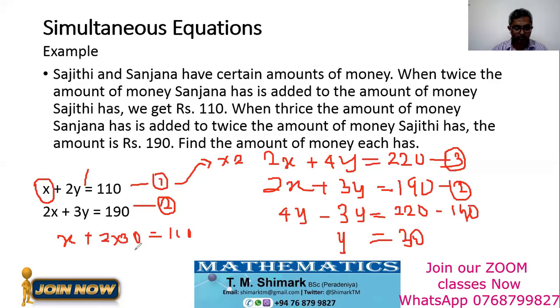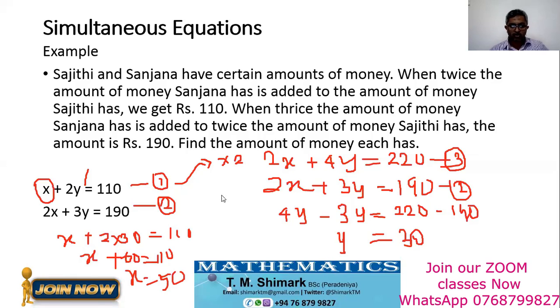So x plus 60 equals 110, so x is going to be 50. 110 minus 60 is 50. So you got the answers, y equals 30 and x equals 50, right?